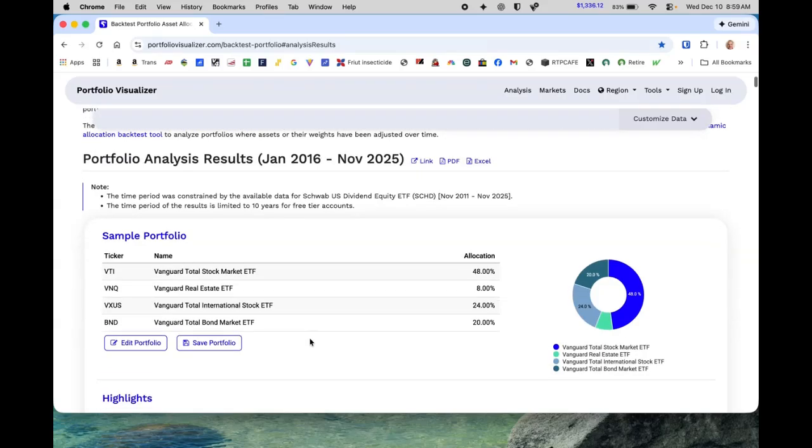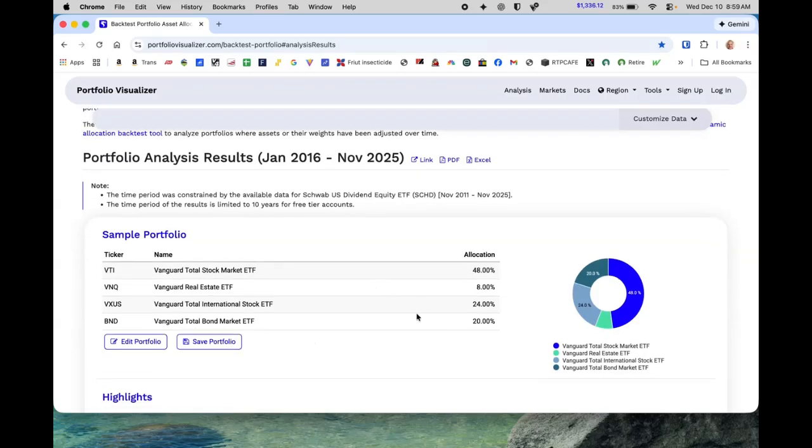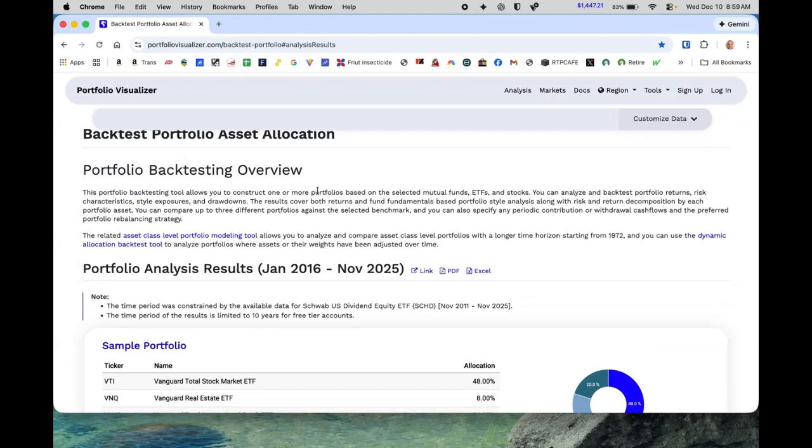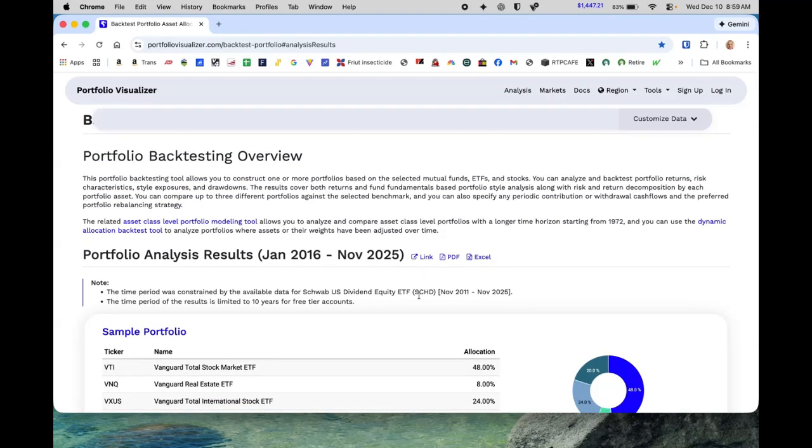So we do analyze portfolios, and it gives you your allocation, all that stuff, right? And it can only go back to, as you can see, 2016 because one of the tickers doesn't go that far back, and it says this ticker right here doesn't go back.